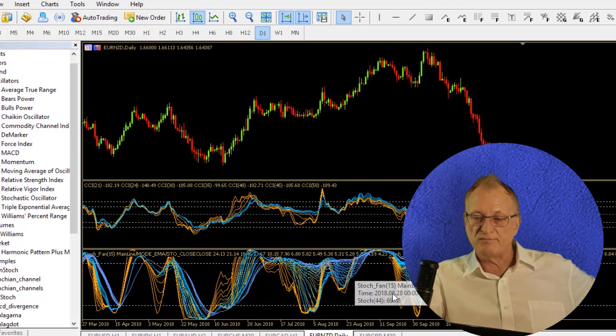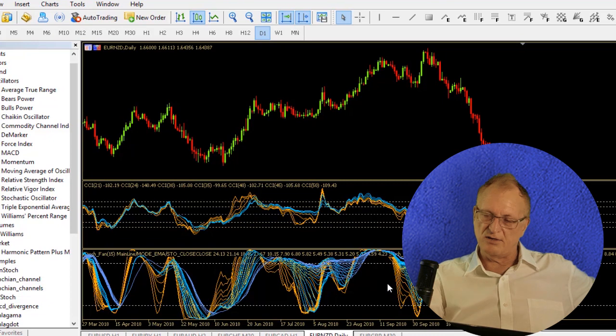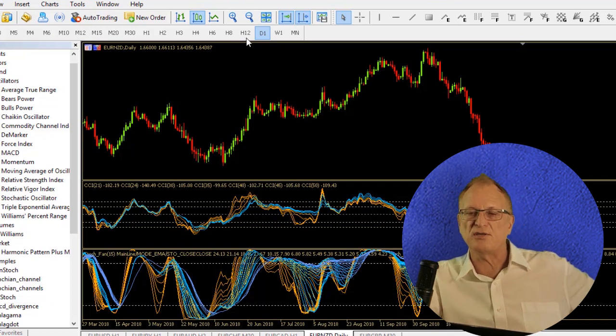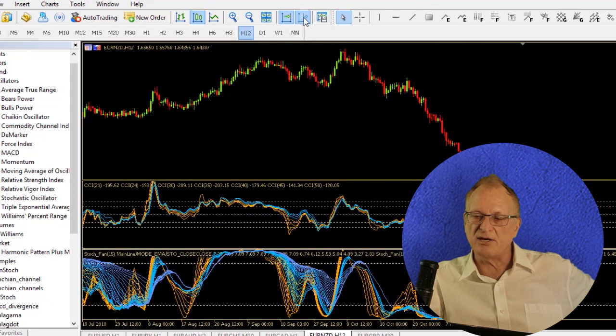Just notice how this can reveal to your eye and to your brain certain information that you may not be able to see if you had one indicator with a certain setting on there.